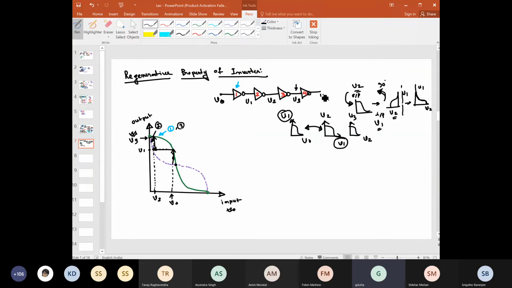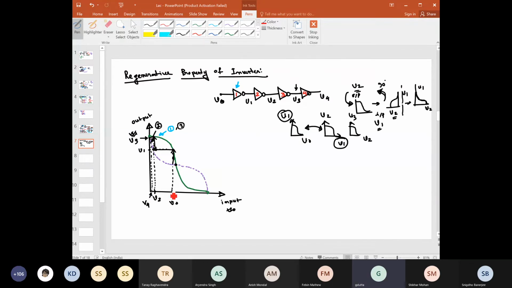Okay, what would be V4? So V4, you see, it has cut to this line. If you take V4 here, it will come somewhere here, right? So have you seen the interesting thing that is happening here?